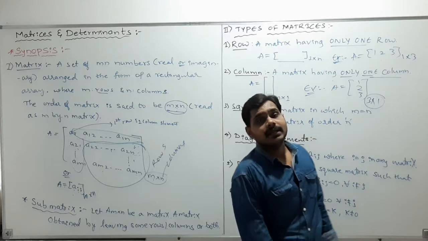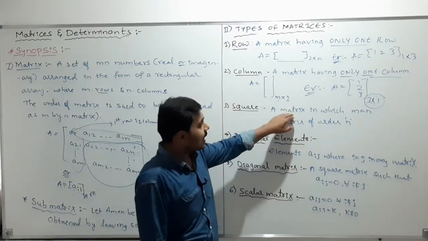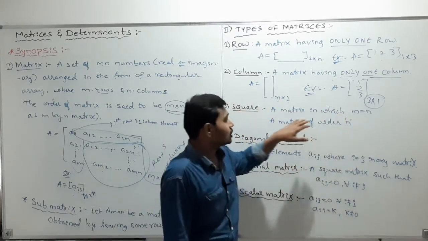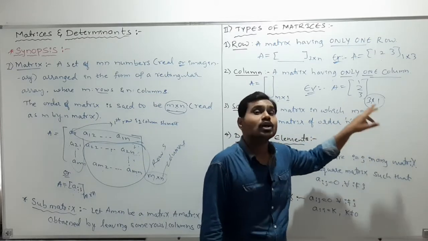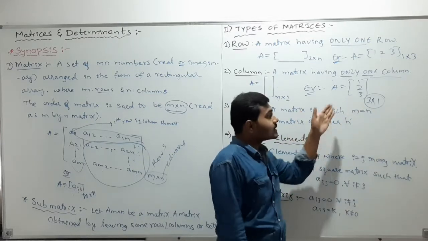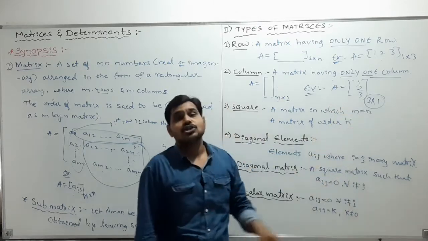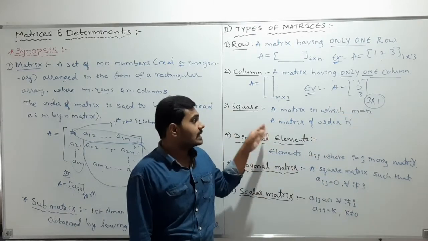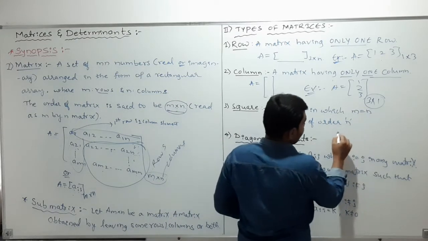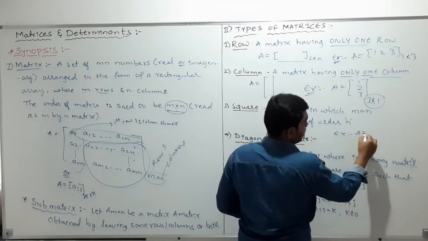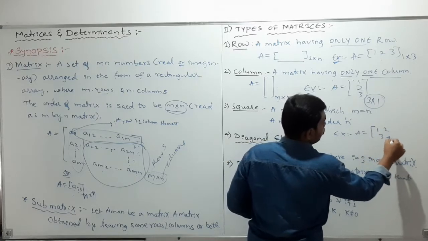So what is a square matrix? A square matrix means a matrix in which m is equal to n. What is m and n? M is nothing but rows and n is nothing but columns. So a matrix in which the number of rows is equal to the number of columns, then we can say that such a matrix is a square matrix. An example for this one is 1, 2, 3, 4.